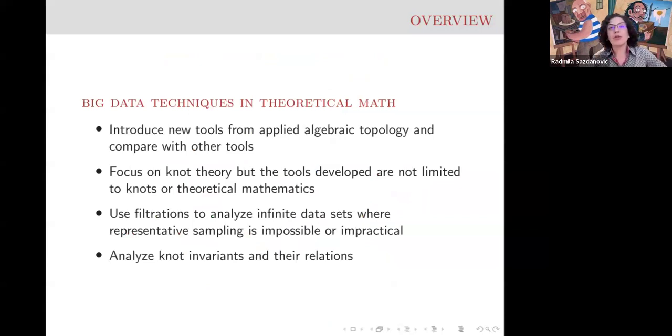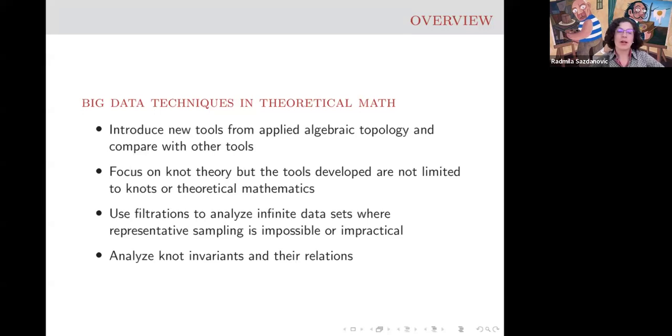What I would like to do here is showcase how some big data techniques can be used in theoretical math. I'm going to introduce some new, or at least novel, tools from applied algebraic topology and then compare with other tools. The main focus will be on knot theory, but the tools are not limited to knots or theoretical mathematics.